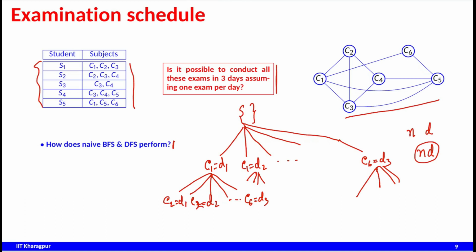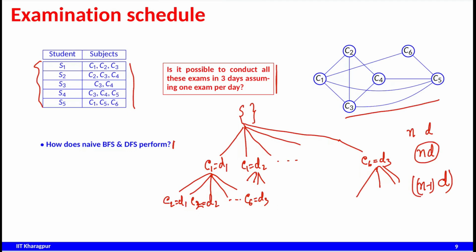For every node I have d options, and now I have n-1 nodes. So effectively the number of nodes that I need to explore is this much.